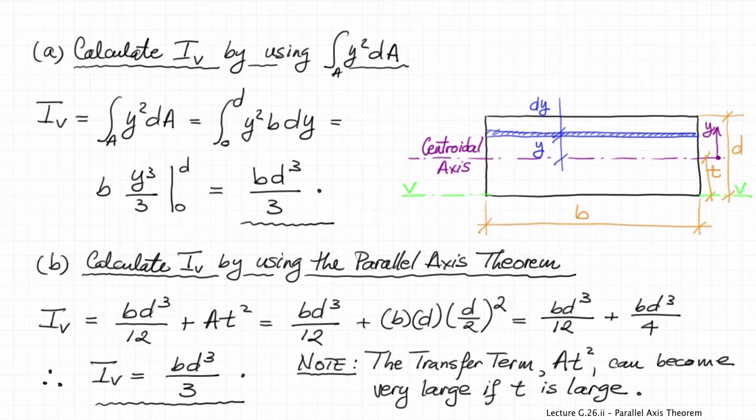So in order to maximize the moment of inertia, you would have to move a lot of area away from the centroidal axis of the entire section.